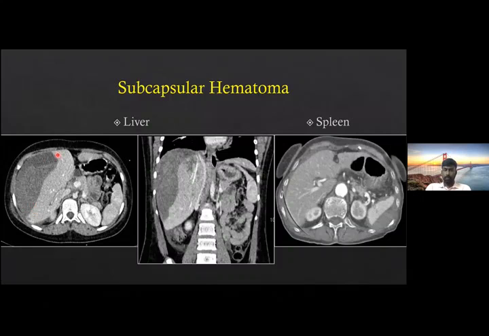Whenever the hematoma is subcapsular and contained, it will cause scalloping of the liver margins or the splenic parenchyma. So this suggests that it is a subcapsular hematoma. However, if we see fluid around the liver or around the spleen without causing any scalloping, that would amount to an intraperitoneal bleed.